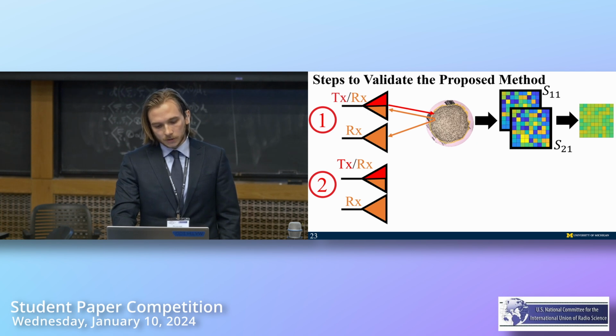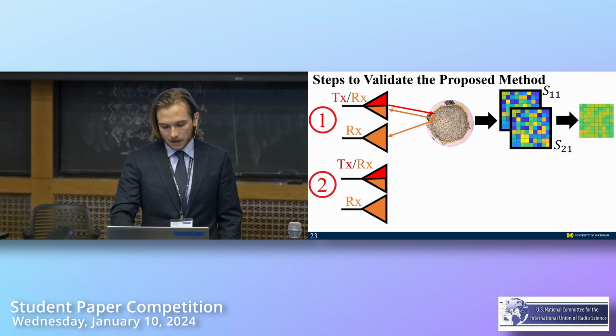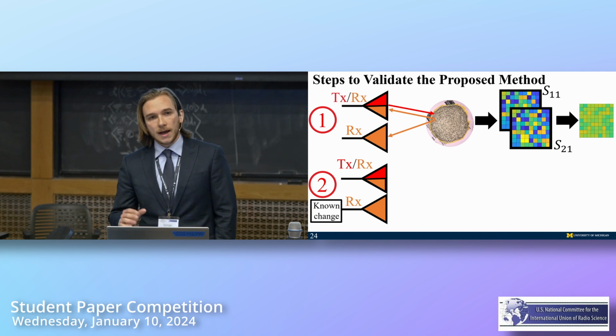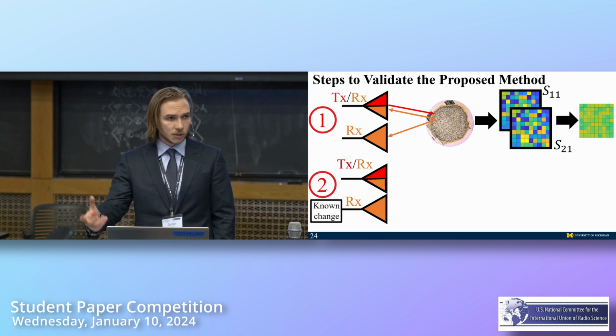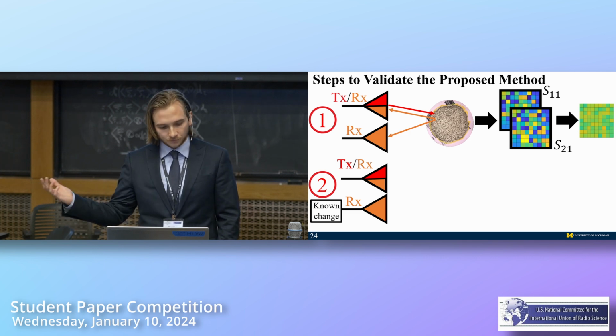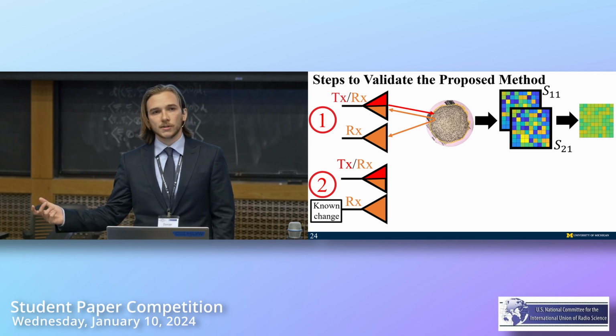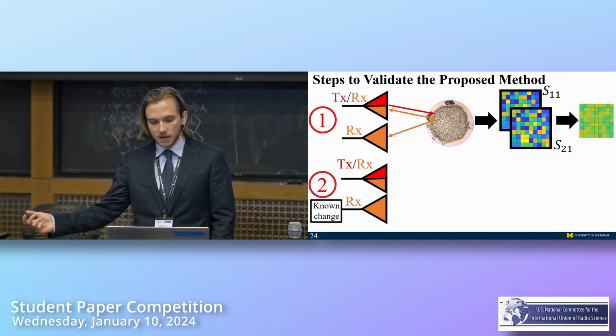That first case is going to act as our baseline channel imbalance experiment. Then we repeated the experiment, adding a known change to one of the two receiver paths. We just inserted a 3 dB attenuator, whose insertion loss and insertion phase we were able to measure separately.